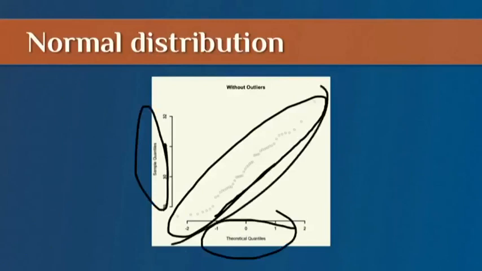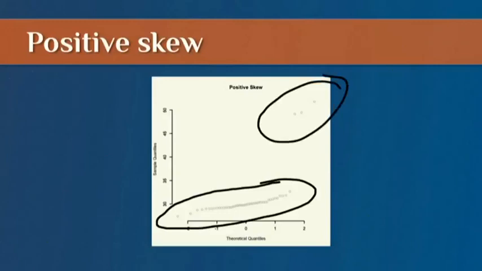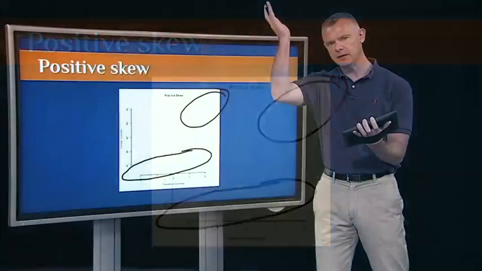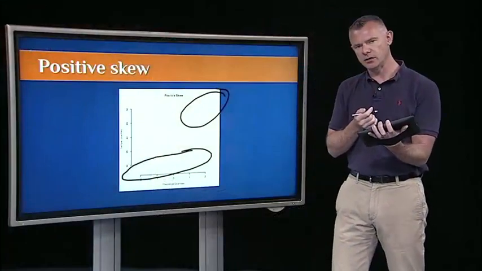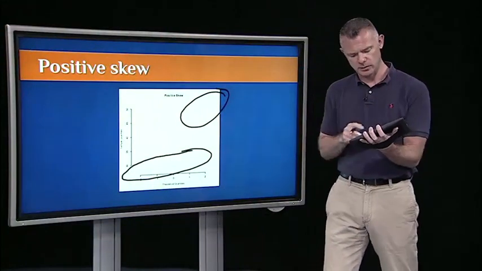And they should form this nice linear function. You can see that's not the case in that last positively skewed distribution I showed you. Here we have what looks like a nice trend, but then we have just a few cases way up here, so we clearly don't have a straight line in this QQ plot. That indicates that you have a non-normal distribution.